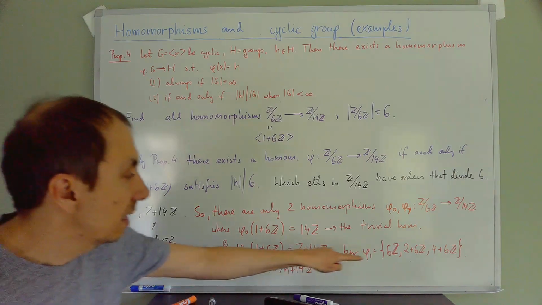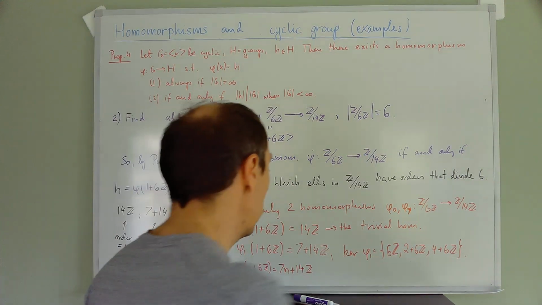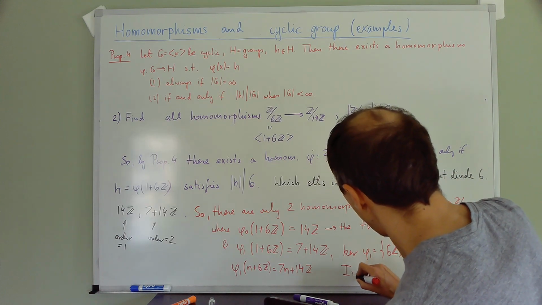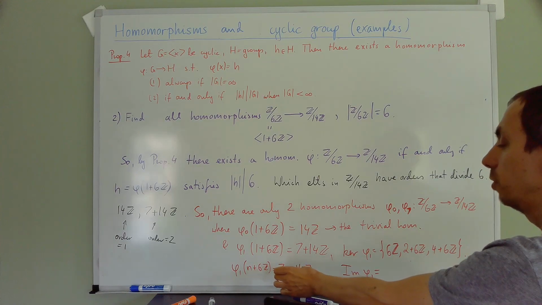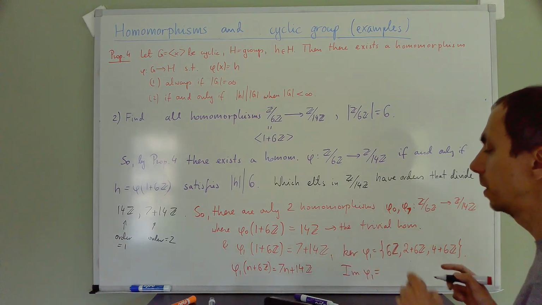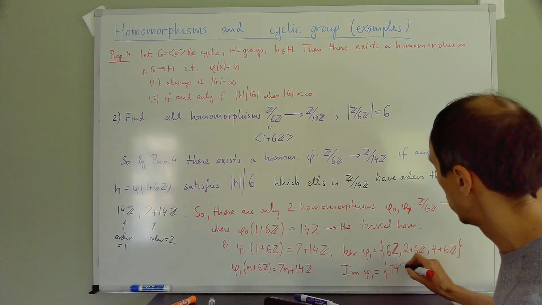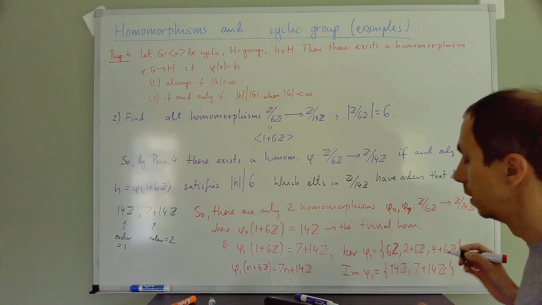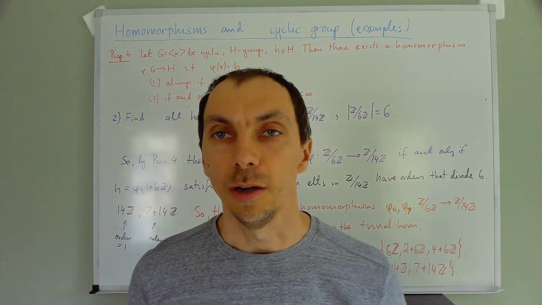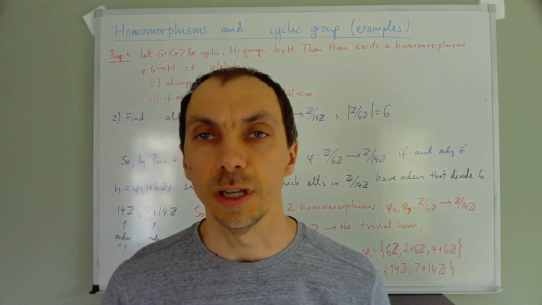So you get that exactly these elements are mapped to 0, to 14Z here. What about the image? Which elements are in the range of this homomorphism? Well, you either hit 14Z or 7 plus 14Z. You never hit anything else. So these are the only elements of the image. Let's stop here and we'll do more examples in part 2.